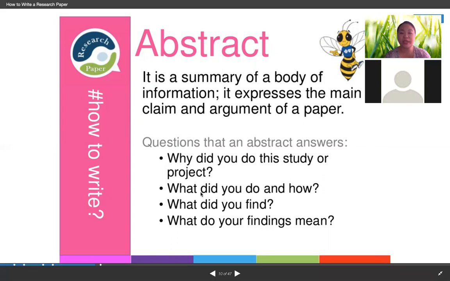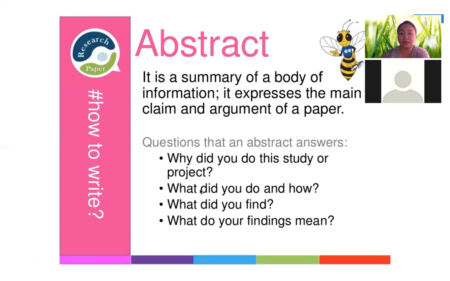And what did you do and how? So you will also mention your methods, no? Like you conducted this when, and where, and you used the completely randomized design, with 5 treatments replicated 3 times, and data were analyzed using an analysis of variance and so on and so on.